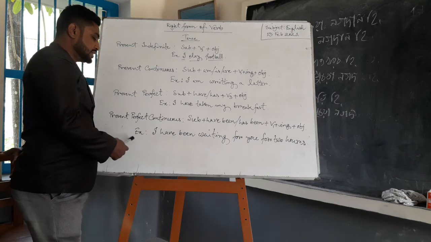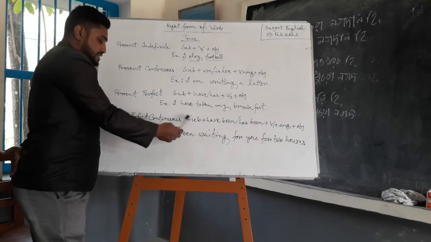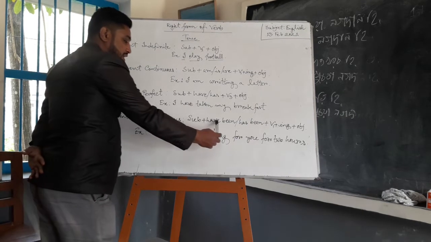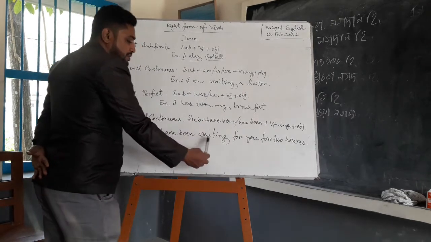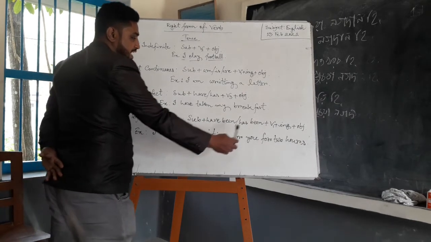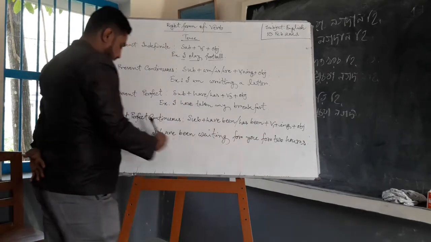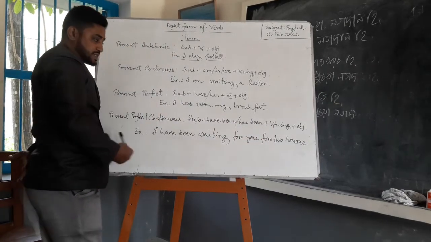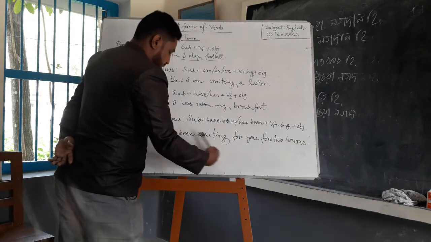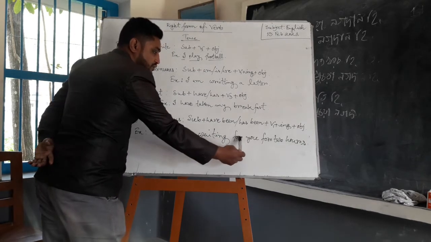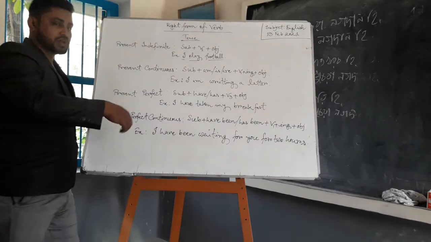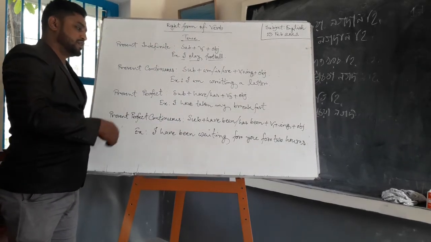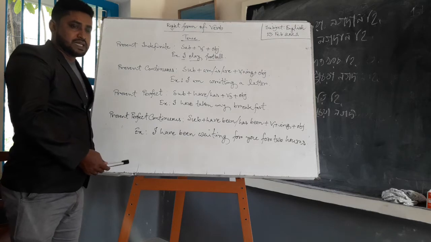Here the subject is I and the auxiliary verb is have been. Present form of verb is wait, and I have used ing as in this present perfect continuous tense. Object is for 2 hours, or the extension is for you for 2 hours.